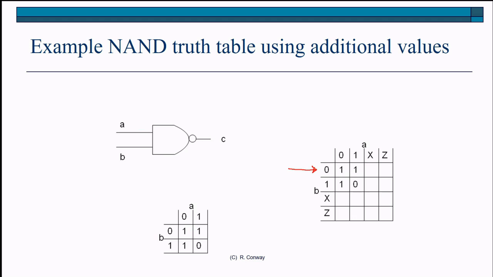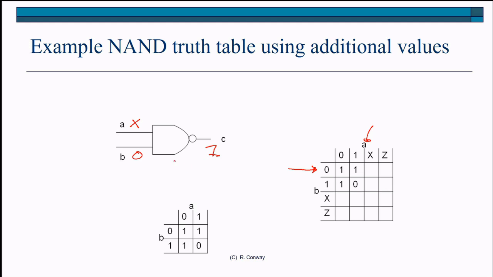In the case of B equal to 0, if we take A equal to X, the output will be a 1. Since the NAND gate produces a 1 output when either input is a 0 or both inputs are 0.